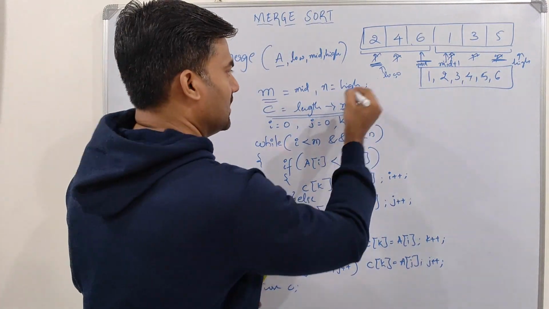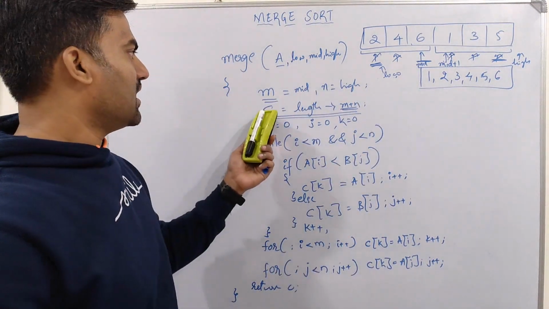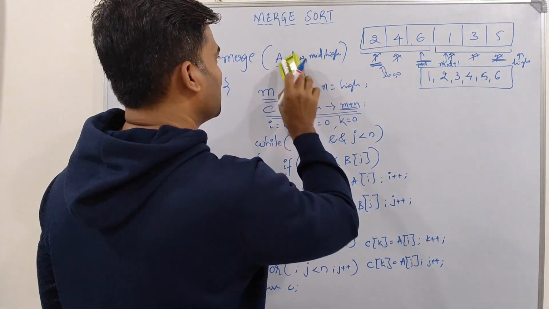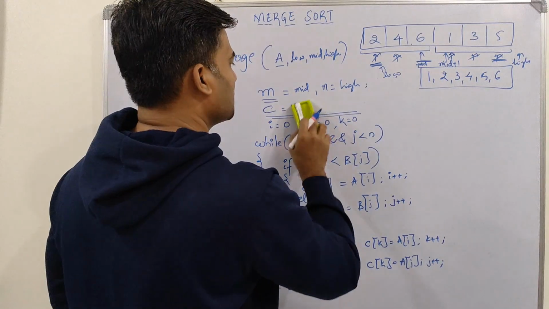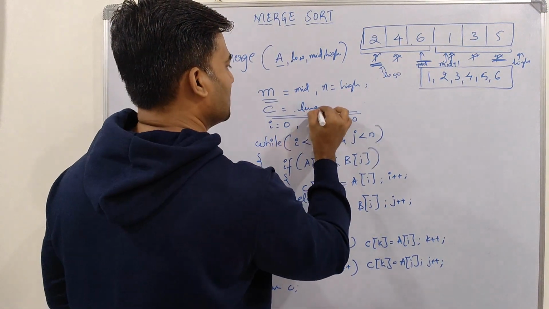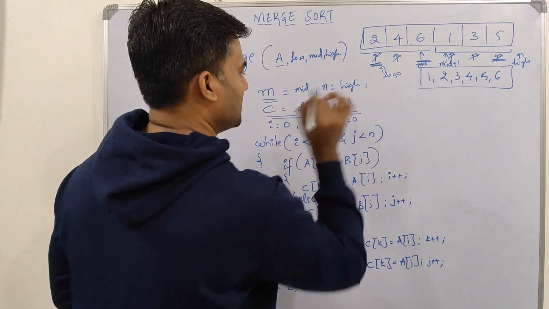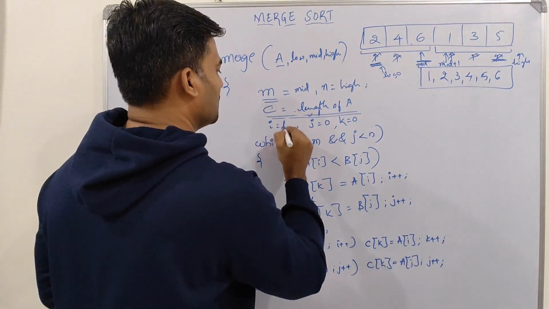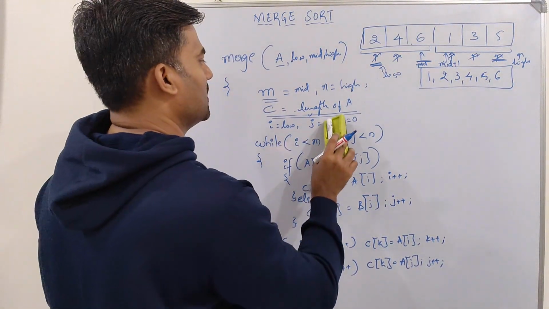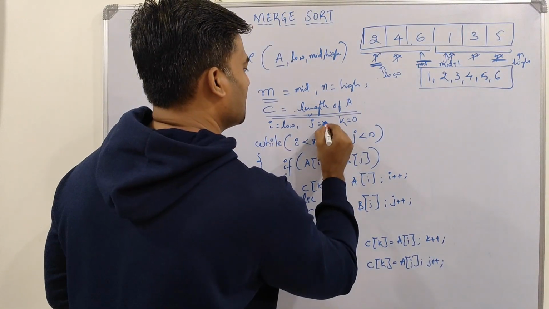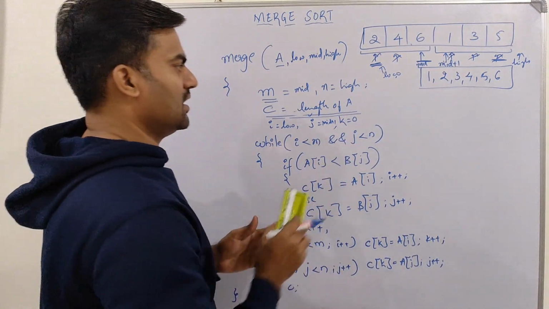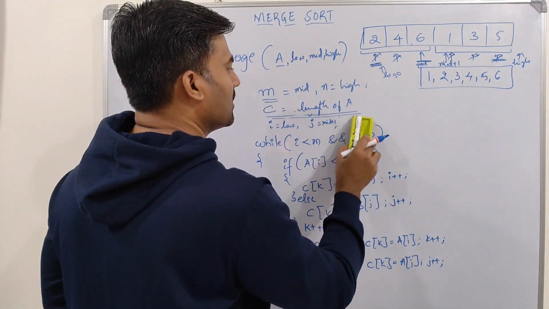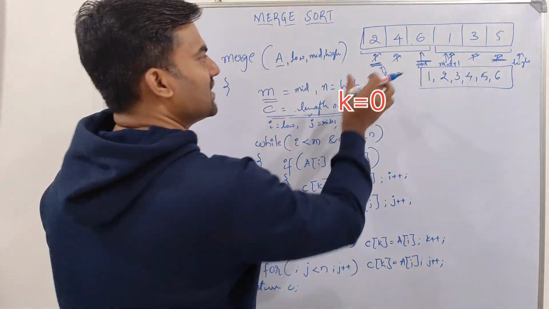So I will change these two, and this C will be the length of array, so basically length of A. Now my I points to low, J points to mid plus 1, and my K points to low, because it is starting from here.